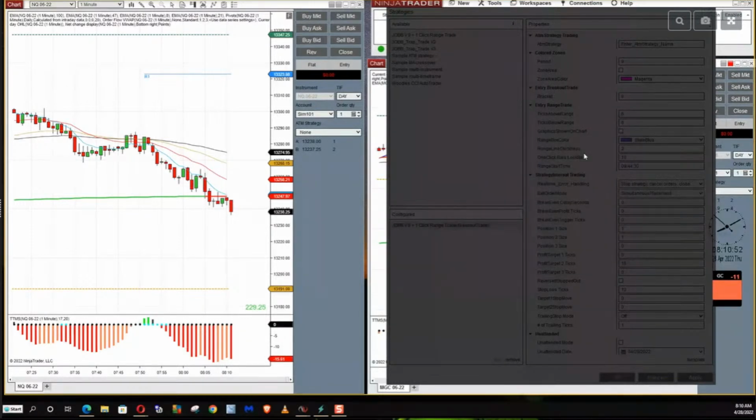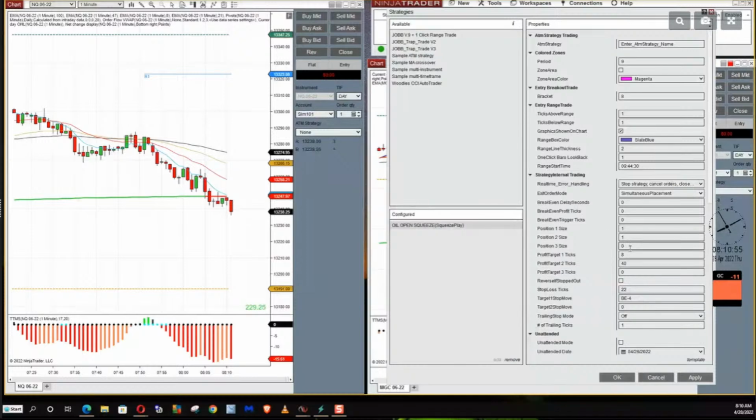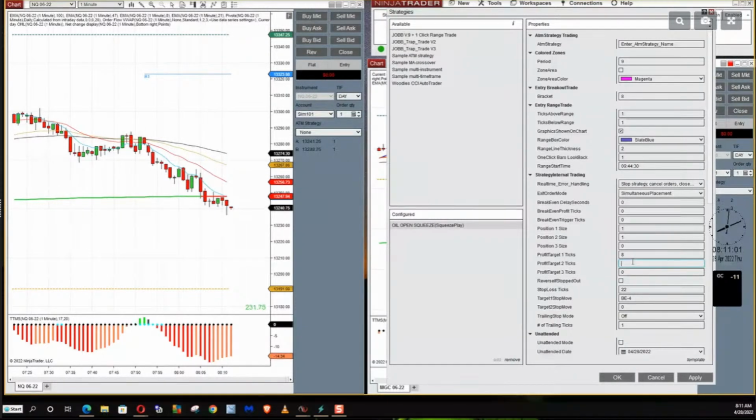We use the squeeze play. Now, I'm not going to use as big a target on my second target because I'm not going to have time. I have to go to GDP. Usually, I might even combine my orders just to get a quick hit in the morning. We'll see.